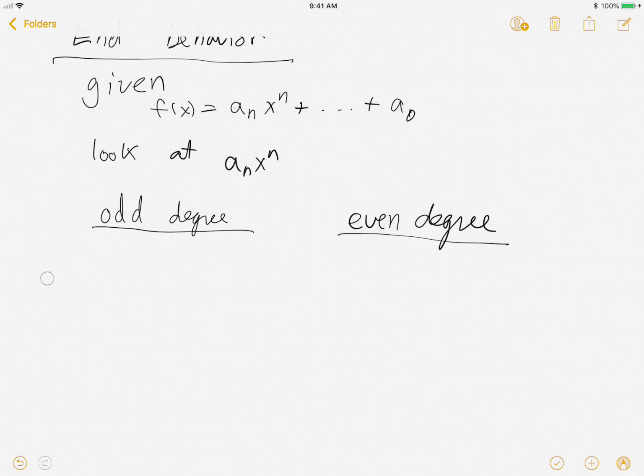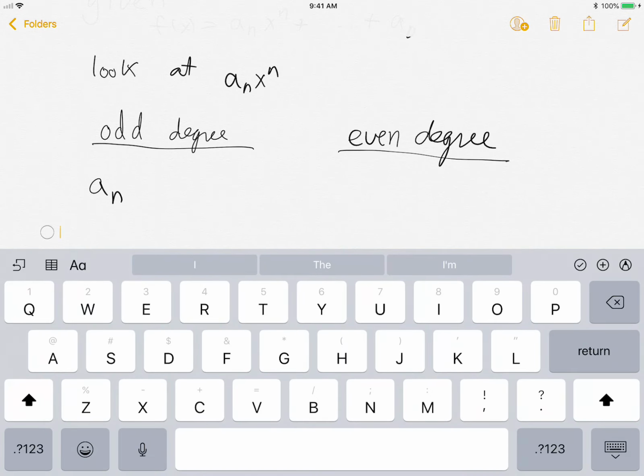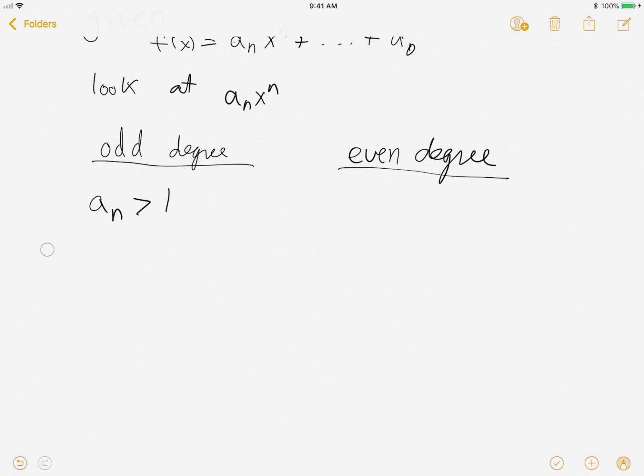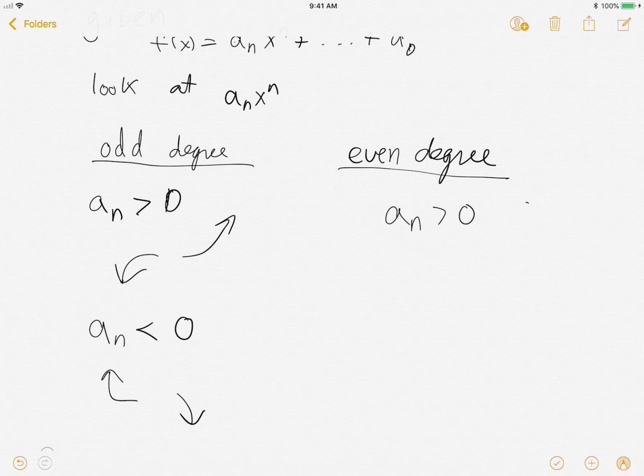Okay, if that guy is positive, sorry, it looks like this. If that guy is negative, it looks like this. On the even side, they're both going the same direction. If that guy is positive, they both go up. If that guy is negative, they both go down.